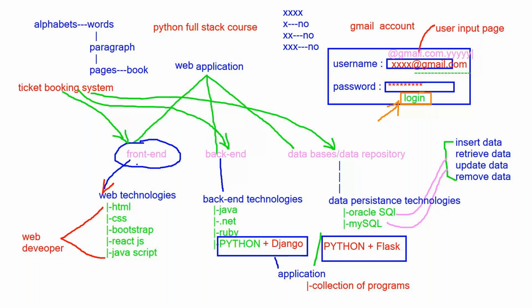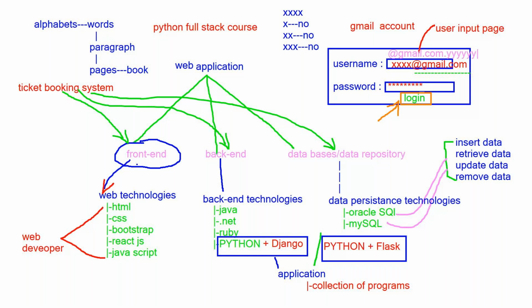Will it accept? No. How will it realize you're giving incorrect data? Internally, it will use a validation technology, which is nothing but JavaScript. JavaScript will take care of it. So this is called client side validation.